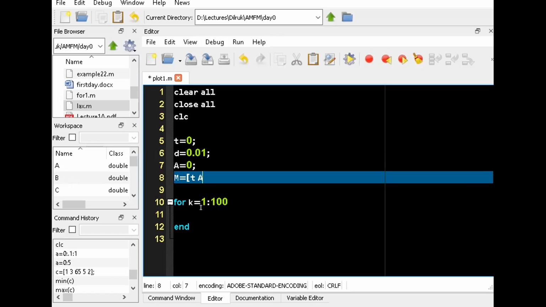I initialize this matrix and extend it row-wise below. I put all data in, so this is my first row, and I extend it like this. Then I can easily plot the graph.